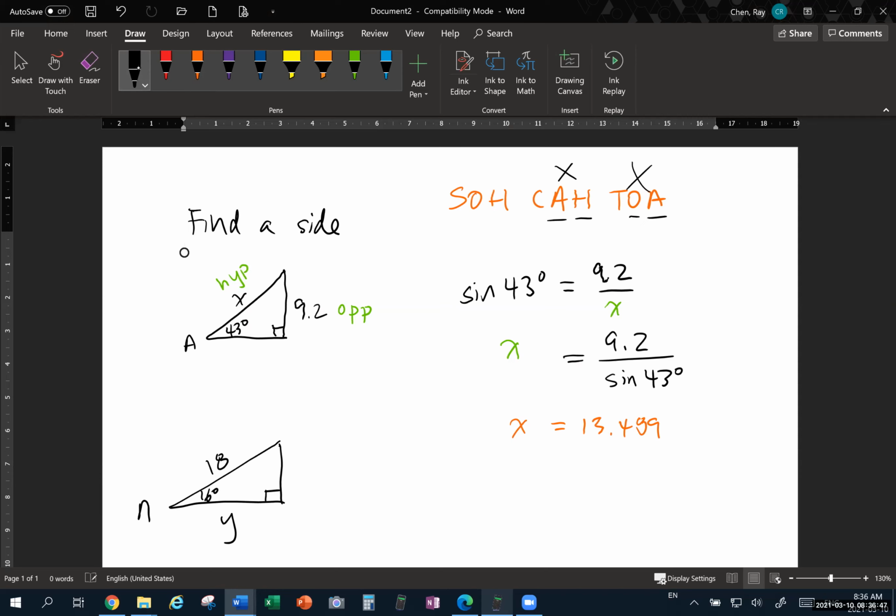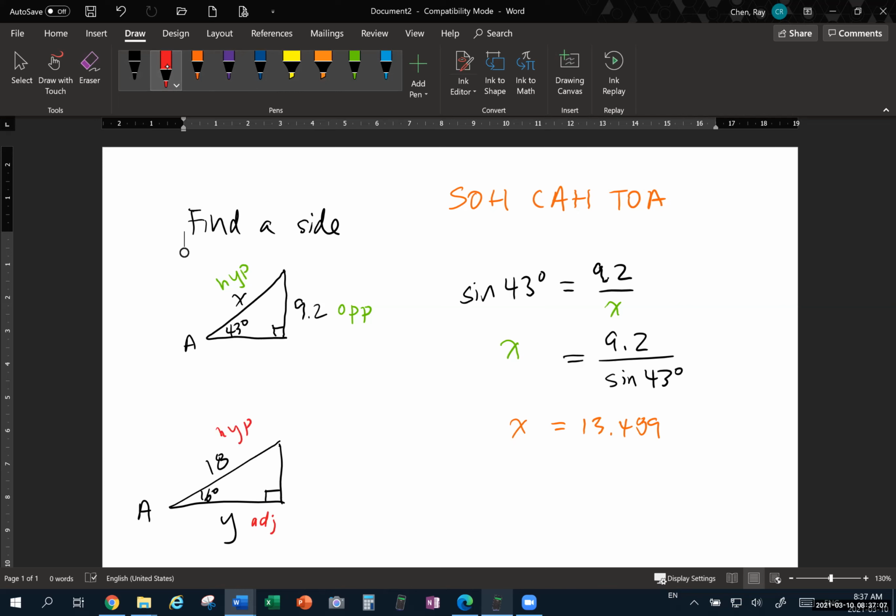So again, I like calling this angle A. Pause the video if you need some help. And then, of course, we're going to label this. We'll use a different color just so that people can focus. Side y in this example, this is the adjacent side, and this 18 is the hypotenuse.